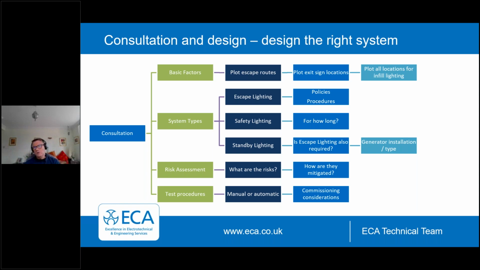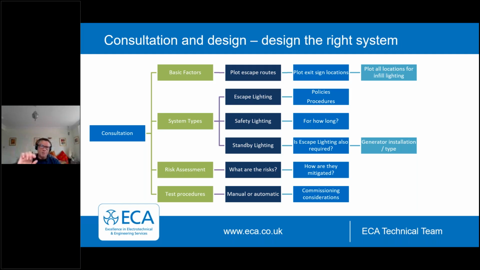And the commissioning considerations are also important. Who are we going to be getting to do our commissioning? What sort of information do we need to be provided at that commissioning stage? All this sort of stuff is important to consider right at the start. So we've got the answers to these questions in place.